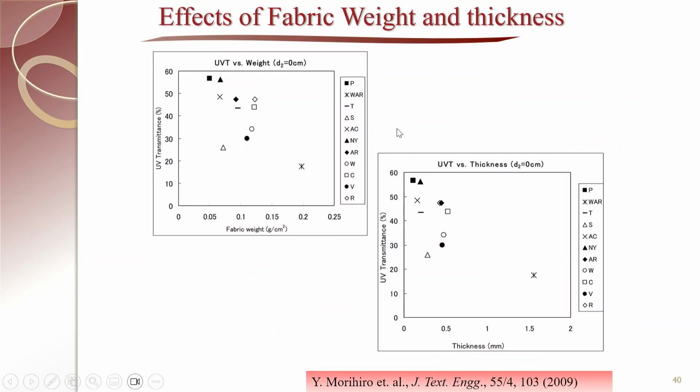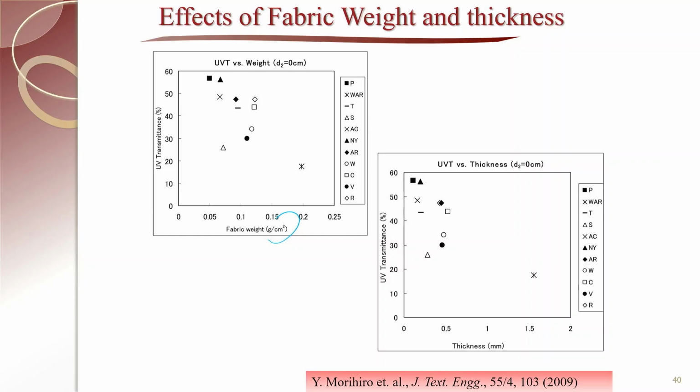Now, regarding fabric weight and UV transmission, we can see that typically if the fabric weight increases, it depends on the different types of fabric. There is no straight relationship.